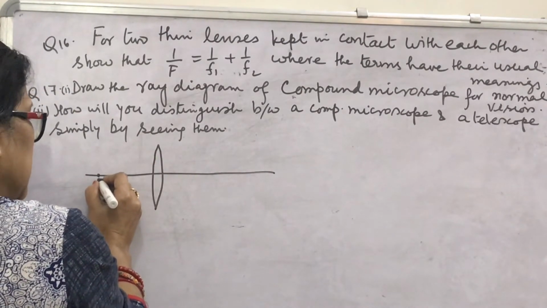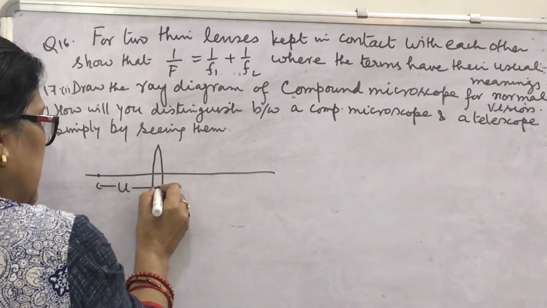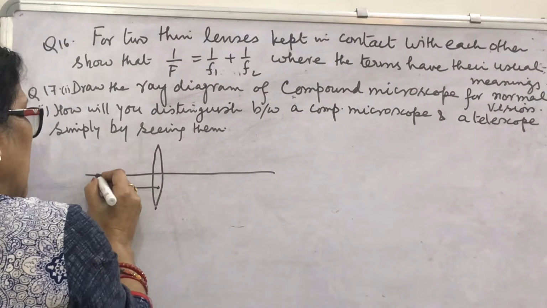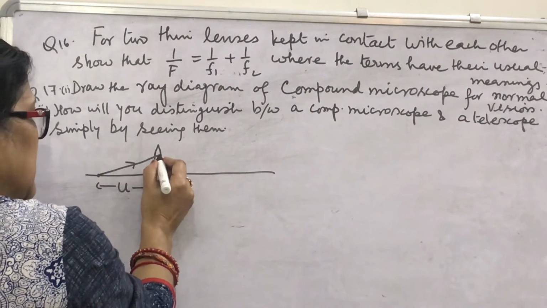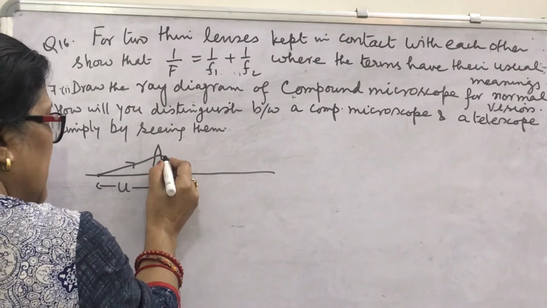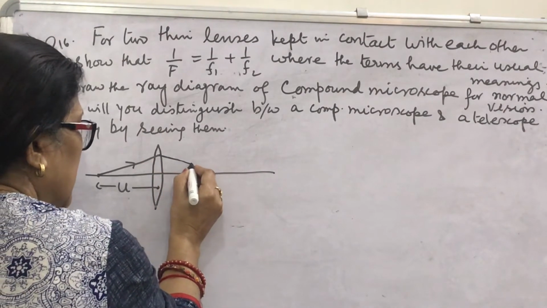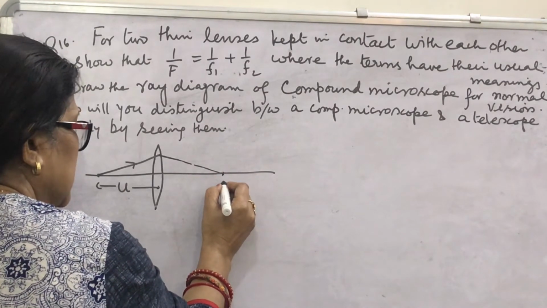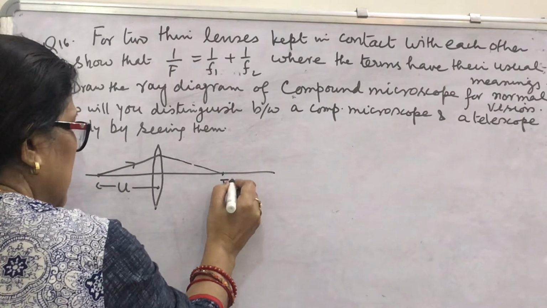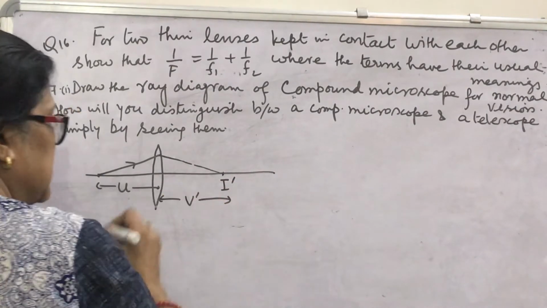Suppose at the distance u, a point object, you have to show like this, and the ray incident at the lens converges here, and it forms the point image here at I dash. So this is the V dash image distance.